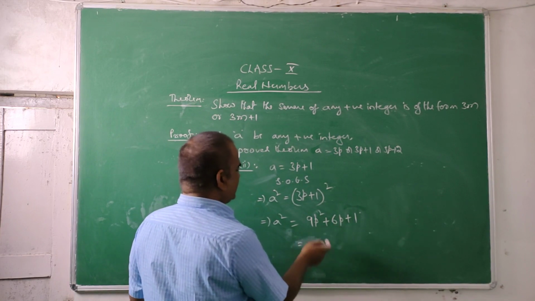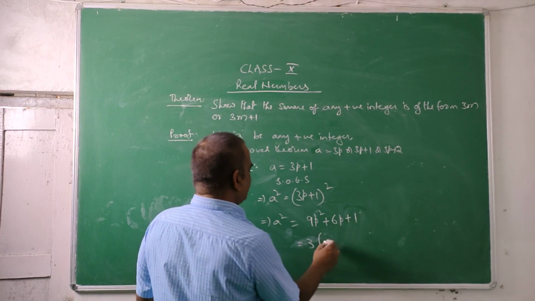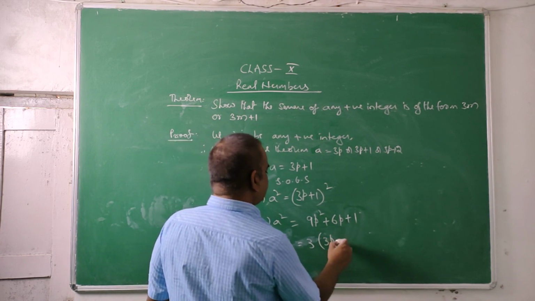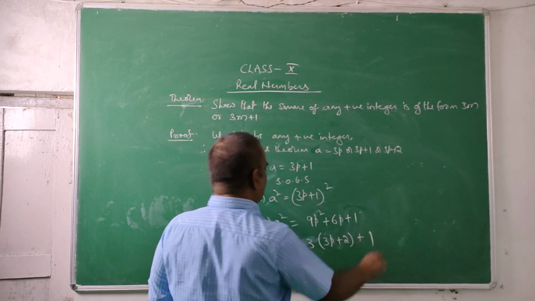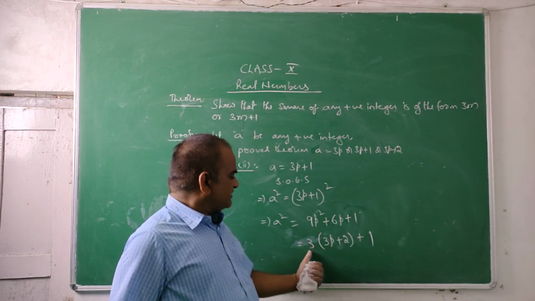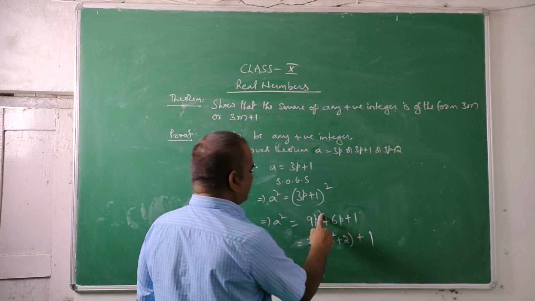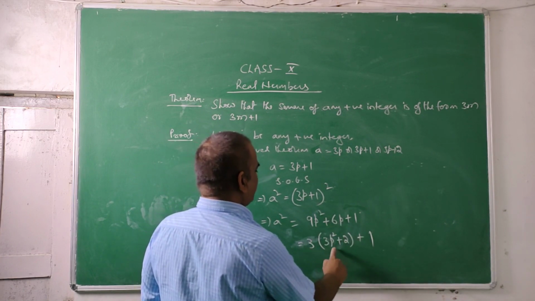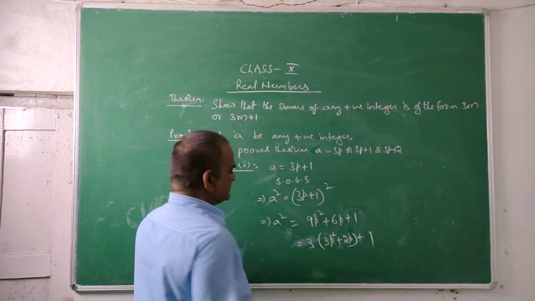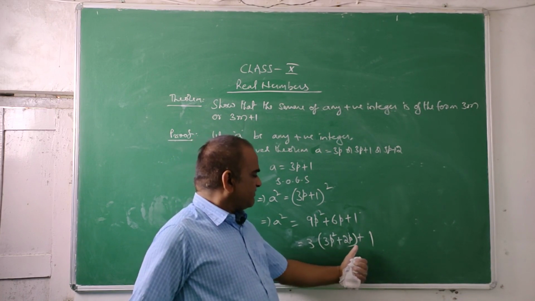And from here, if you take 3 common from these two terms, I got 3 into 3p square plus 2p, plus 1. I took 3 common, so 3 into 3p square plus 2p plus 1.